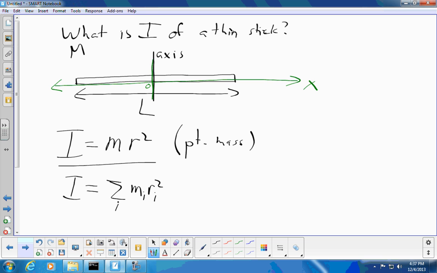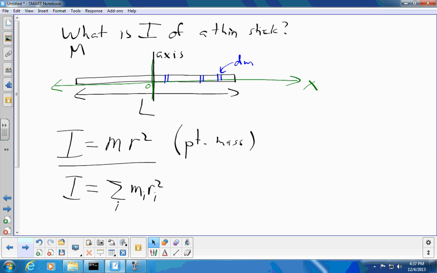I'm going to feed it through the calculus Cuisinart, and I'm going to get a bunch, and I'm drawing two or three of them, of these little mass elements dm. And I'm going to then use this equation for moment of inertia of a point mass and apply it to this nearly infinite number of infinitely small point masses, each of them dm.